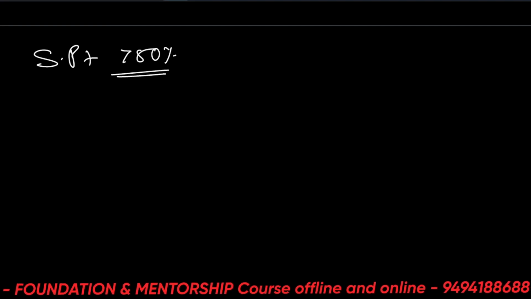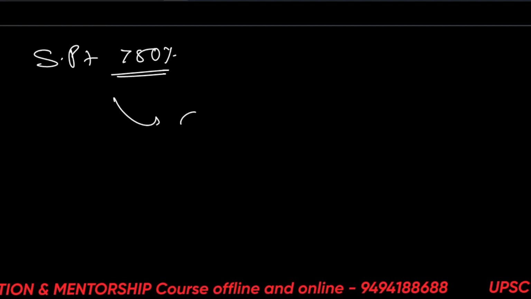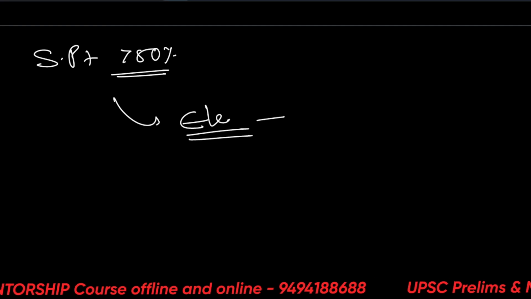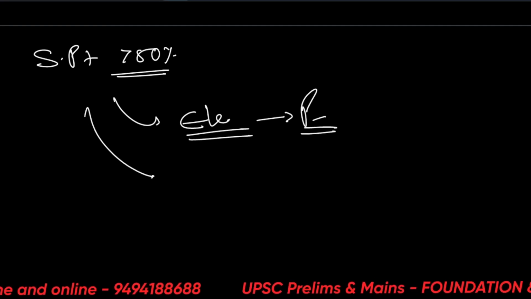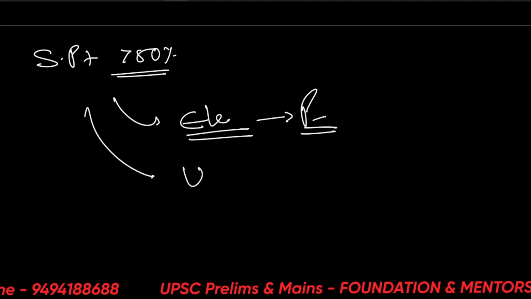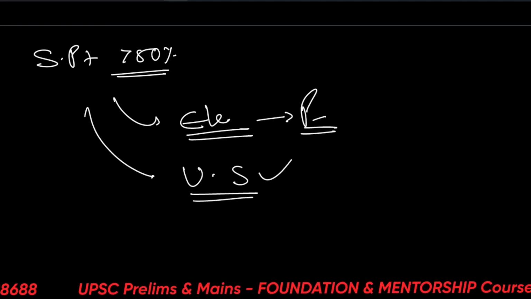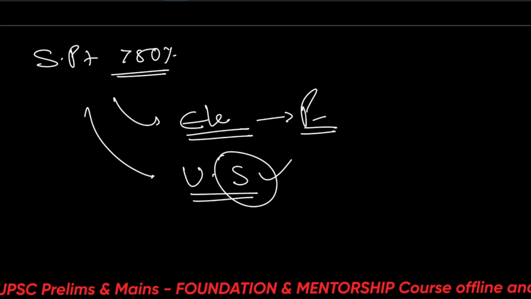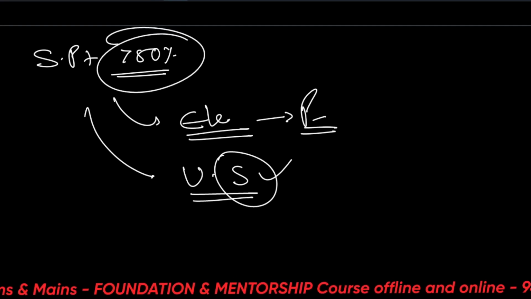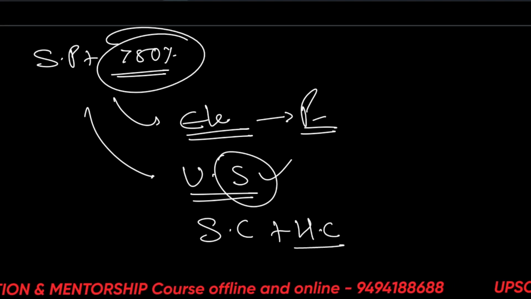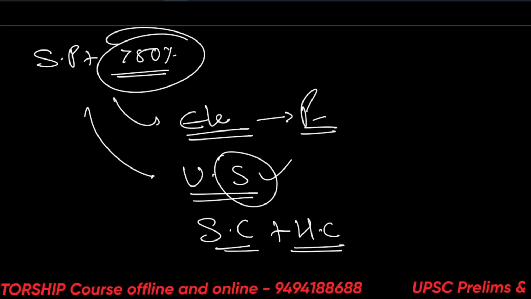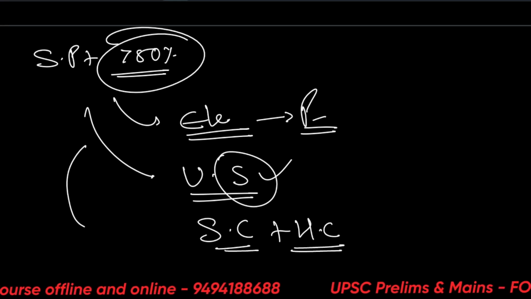These are: election of the president, Article 53; extent of executive power of union and the states. Whenever there is union and states, please remember the consent of states. Then Supreme Court and High Court, any changes in these, and any of the lists in the 7th schedule.